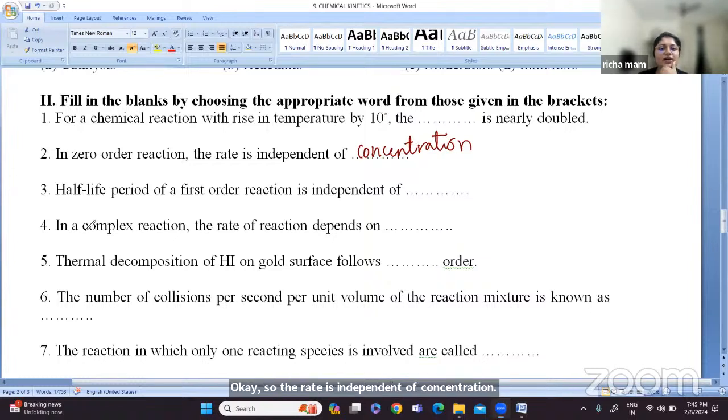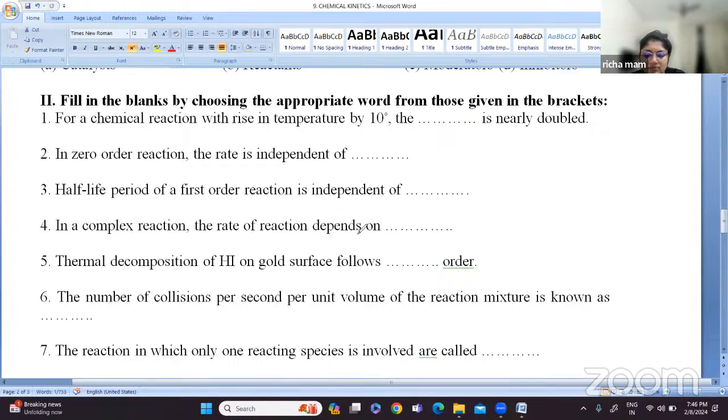Next question. Half-life period of a first order reaction is independent of. Initial concentration.